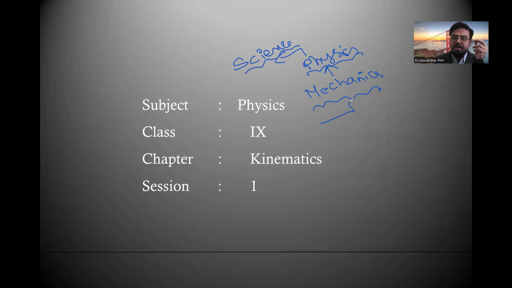This mechanics is further classified into 3 categories. One is statics, second one is kinematics, third one is dynamics. You can write in the first page, you can draw like this as it is.